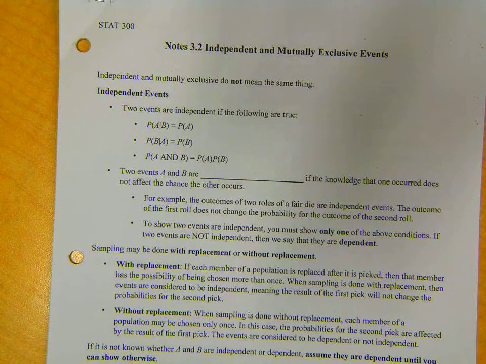So independent events, this is how we tell. This is how we check if things are independent. We have a couple examples at the end of this section where we actually test for independence, that things are independent from each other.